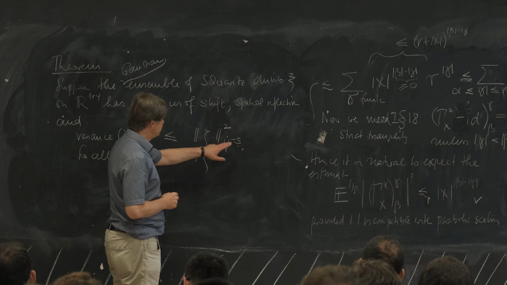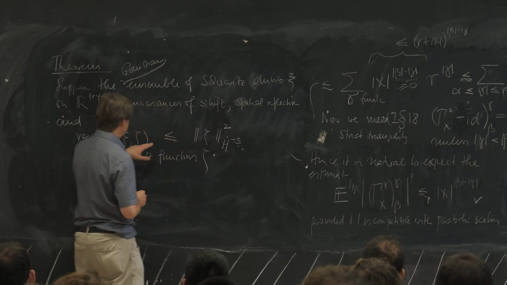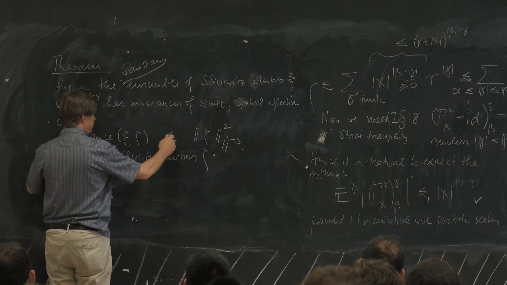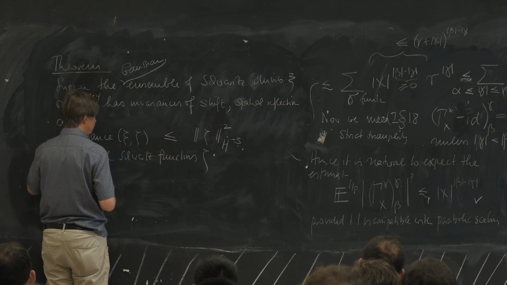And if s is equal to 0, this would just be the L2 norm, and that would be, as an inequality, the identity you postulate on white noise.